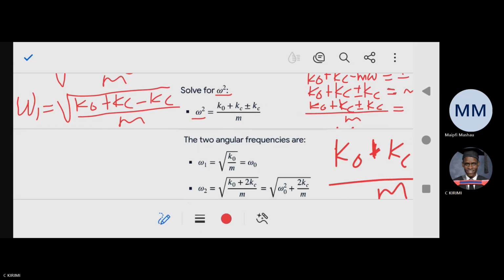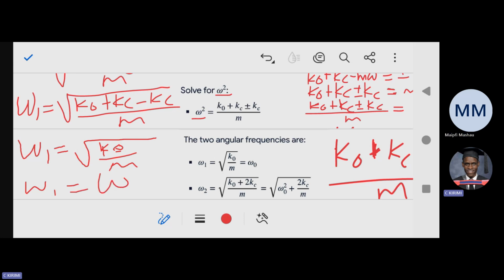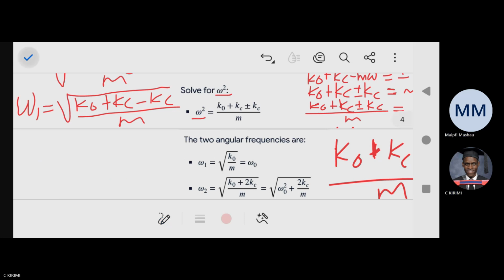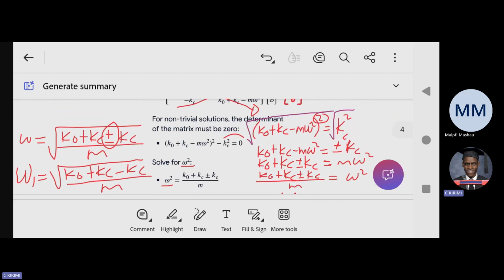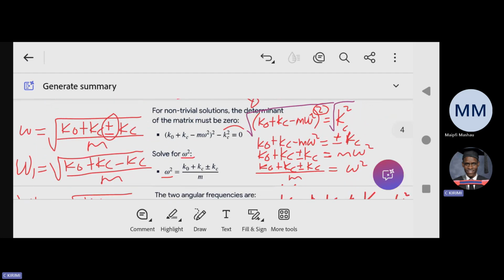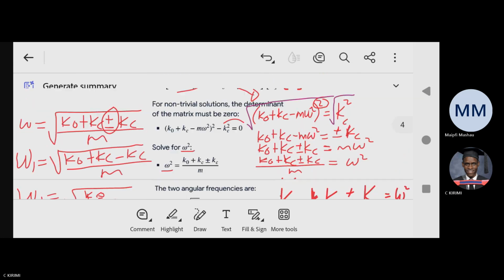W1 is equal to the square root of K naught over M, which is the same as W1 equal to W1 naught. Why did we not choose a plus? Because plus is not going to give us W1 equal to W1 naught.